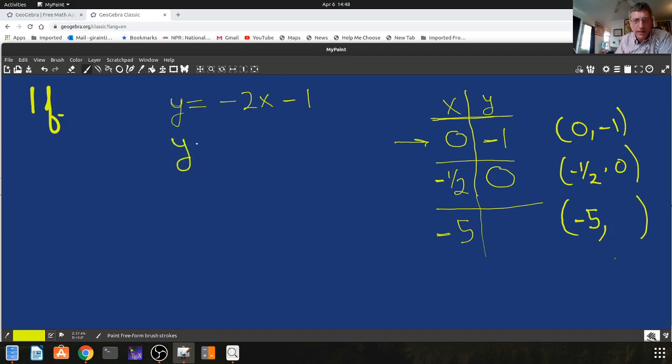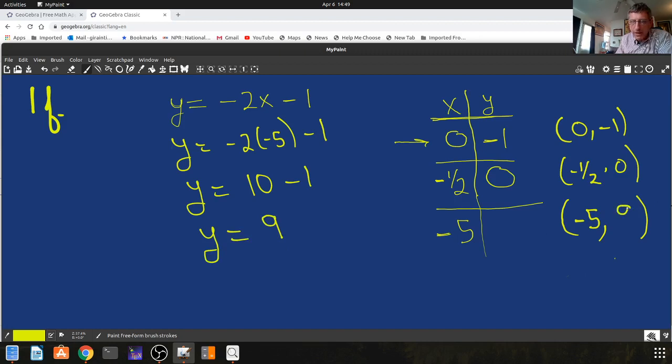So y is equal to minus 2 times minus 5 minus 1. So that gives me y is equal to minus 2 times minus 5 is 10, minus 1. So y is going to be equal to 9. So when x is equal to minus 5, y is equal to 9. And it won't be difficult to plot 0, minus 1 and minus 5, 9.